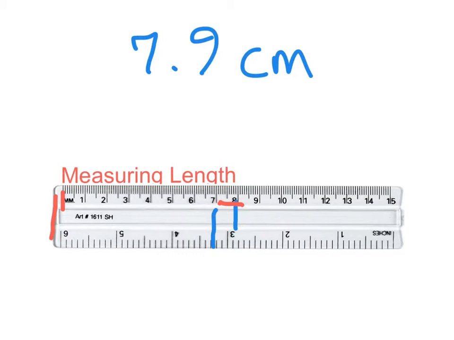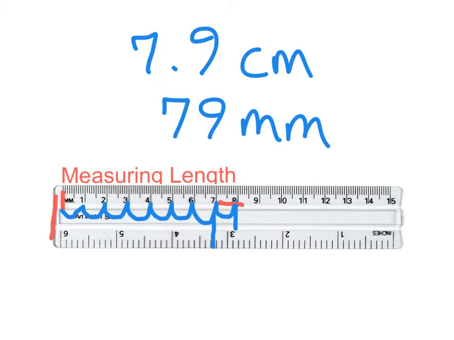So it's 7.9. Or if I was counting in millimeters, we have 10, 20, 30, 40, 50, 60, 70, 79. It would be 79 millimeters. So that way we can represent lengths with centimeters and millimeters.